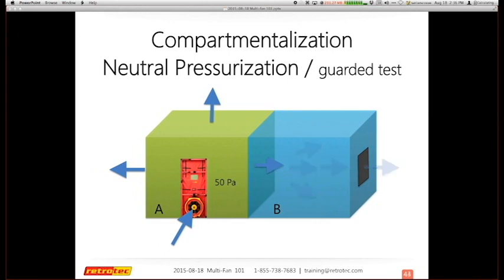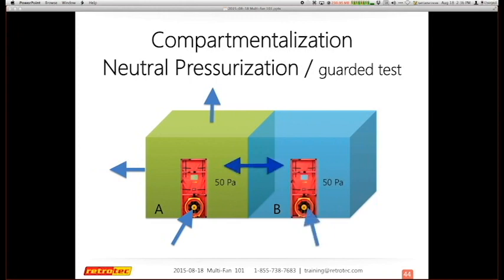Now, if I really want to find out the leakage between unit A and B or any other unit that's connected, what I can do is add a blower door and close the window so I no longer have a major leak. You can take it to 50 Pascal because the example works well. You can also set this up to test to 0 compared to the unit next door.